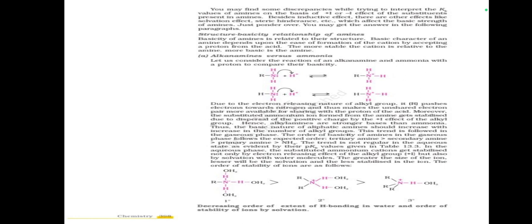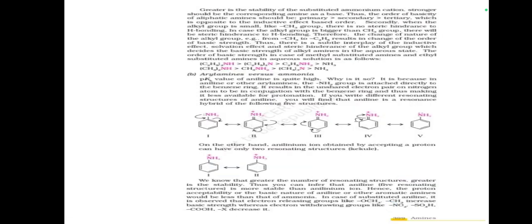The order of stability of ions follows the decreasing order of extent of H bonding in water, and thus the order of stability of ions by solvation. The greater the stability of the substituted ammonium cation, the stronger should be the corresponding amine as a base. Thus, the order of basicity of aliphatic amines should be primary, secondary, and tertiary, which is opposite to the inductive effect based order.